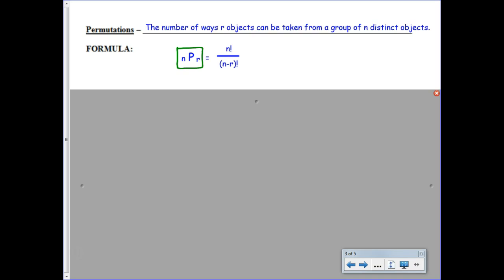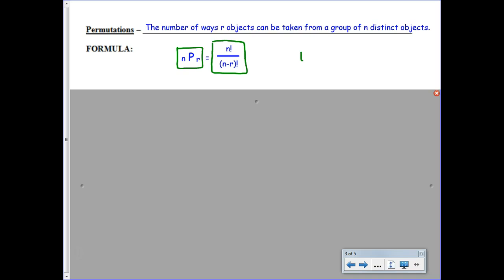So n is the total number of options that we have. R is the amount that we want out of that. Mathematically, we do this using this formula: n factorial over n minus r factorial. If you don't remember, we haven't covered what a factorial is.